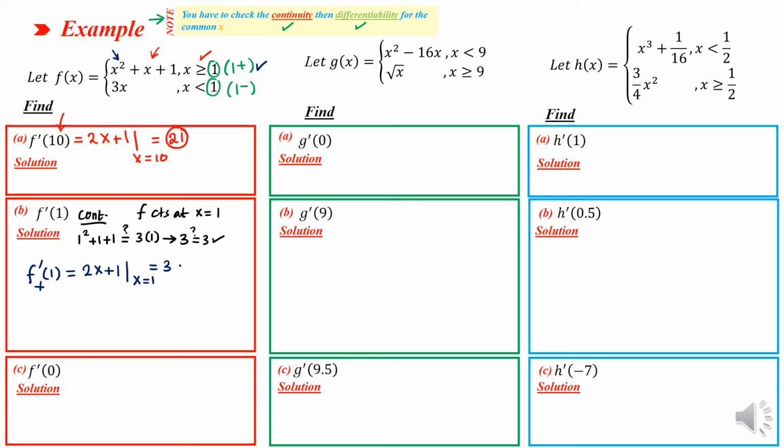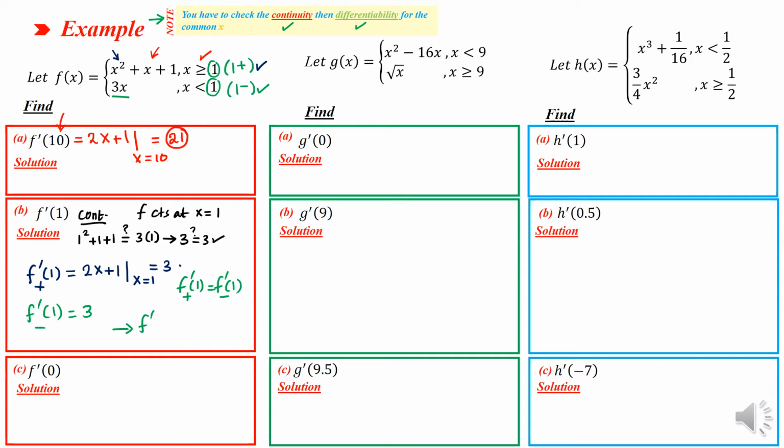Now you have to find f prime of 1 from the left, and f prime of 1 from the left means here we have 1 from the left, so you have to use this function, and the derivative of 3x is 3, which means that f prime of 1 from the right equals f prime of 1 from the left.